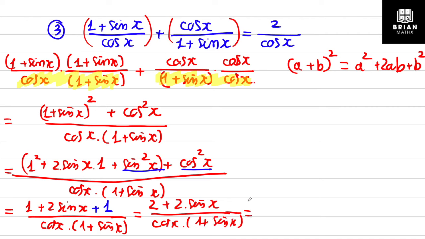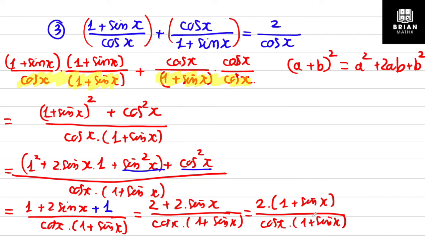What can I do now? In the numerator, I have 2 plus 2 sine x. So 2 means 2 multiplied by 1, and I can factorize the numerator: 2 multiplied by (1 plus sine x), over cos x multiplied by (1 plus sine x).